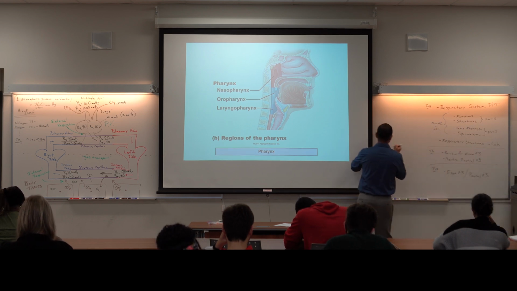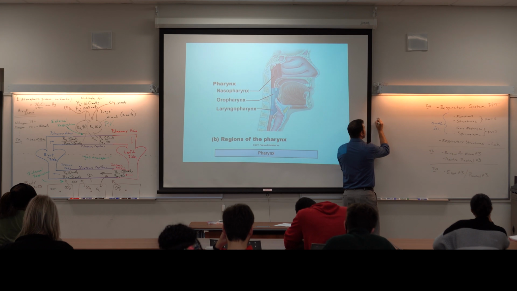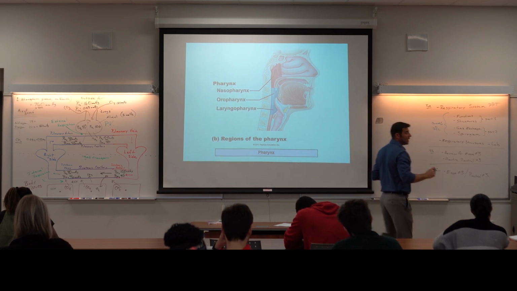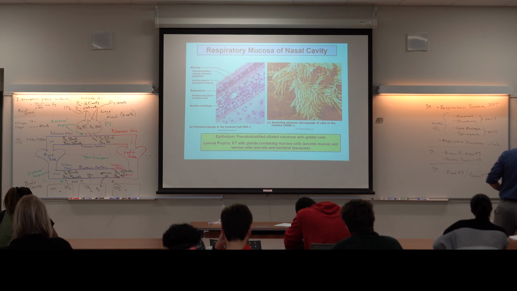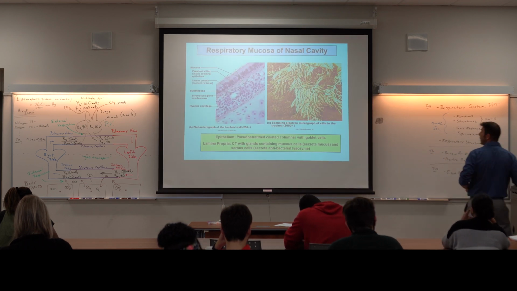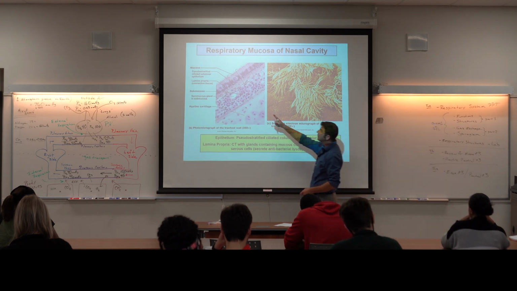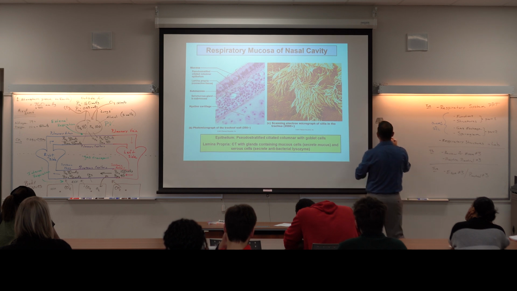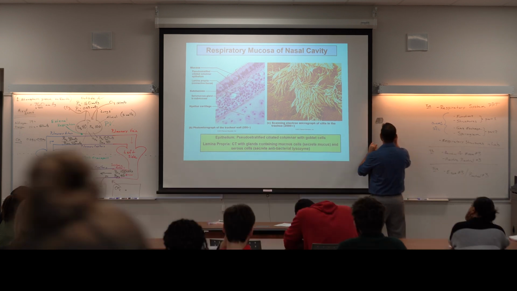We start to see the layers of epithelial tissue change from stratified squamous, so a bunch of these little flat pancake-shaped cells, to, as soon as we get into the trachea, and that's the slide that I just skipped over, if we could have gone back to this slide, you can see there are cells that are showing you pseudostratified ciliated columnar epithelial tissue. That is as soon as we enter the trachea.